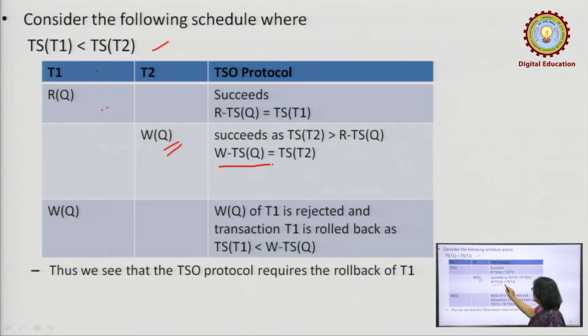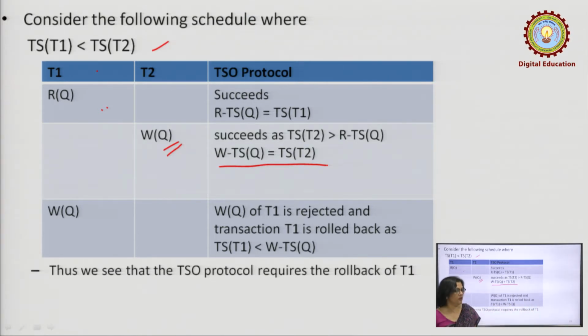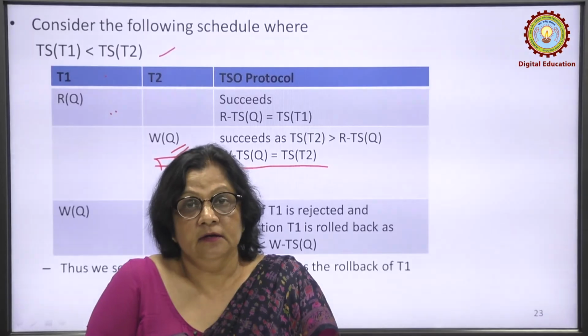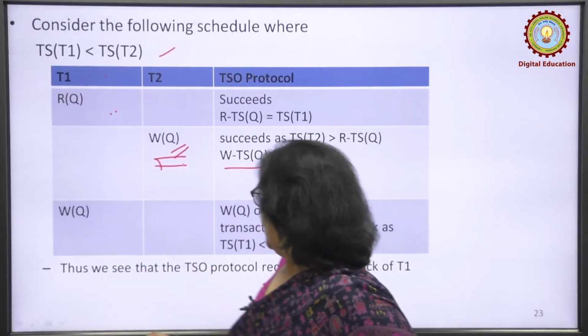So, the write timestamp of Q is set to the timestamp of the transaction T2. Now, let us check the write Q over here. This write Q is rejected because an older transaction T1 is trying to update the value of Q that is already written by the younger transaction, and hence this write Q is rejected. The transaction is rolled back in this case.